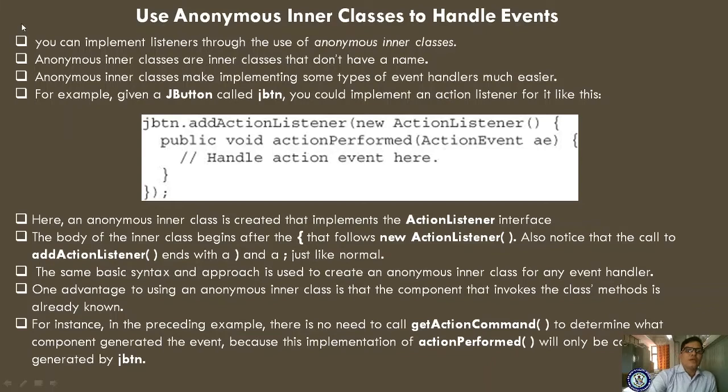You can implement listeners through the usage of an anonymous inner class. Anonymous inner class means somewhere the method is started and it will end somewhere else. You are setting some event handling methods within that listener. That is the concept of using anonymous inner classes to handle events.